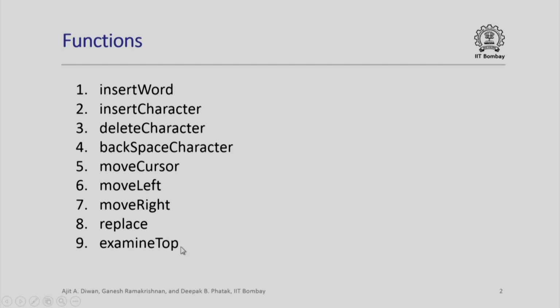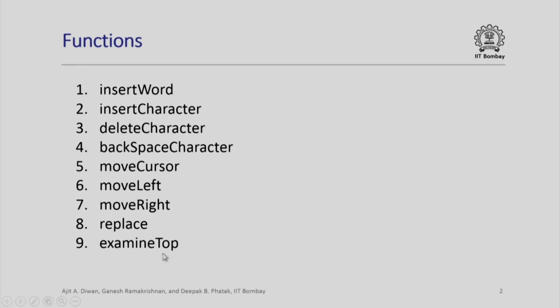Examine top is actually an artificial function which we have written for the following purpose. You know already that there is a function top which is part of the stack class, but that top merely examines the top of one stack. Since in our model we have two stacks, we would constantly require after every operation to demonstrate to ourselves that the program is working properly.